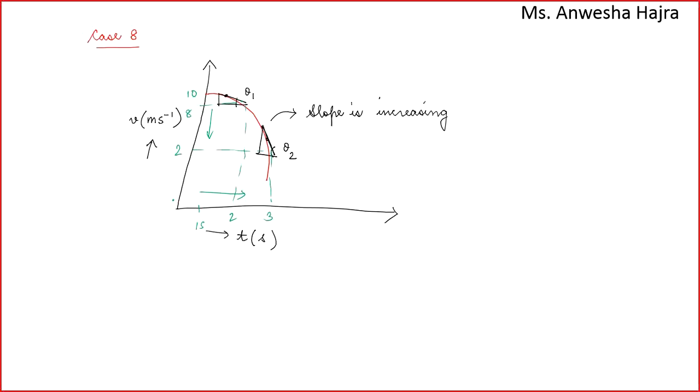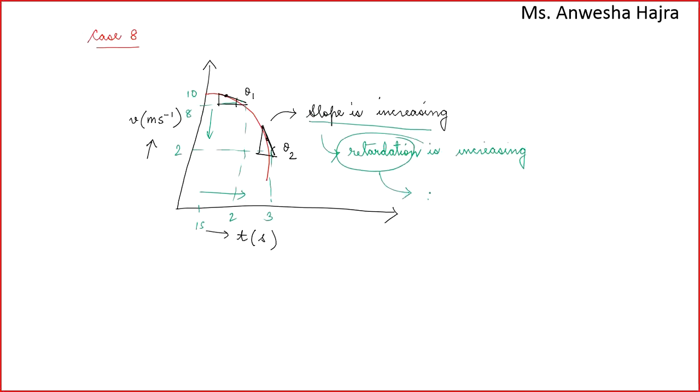Velocity is decreasing, but the slope is increasing. And what does the slope give us? Acceleration. At the same time, velocity is decreasing. So we can say retardation is increasing. Why are we telling retardation?